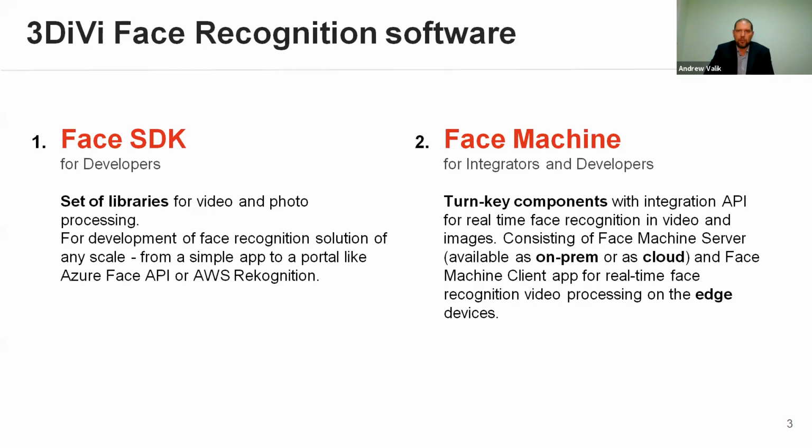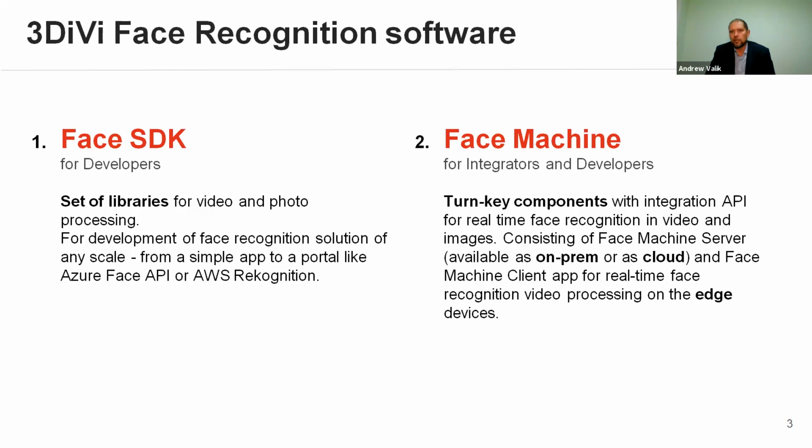The second product is Face Machine. This product is for integrators, and developers, of course, can use it too. It's turnkey components with an integration API for real-time face recognition from video streams and from images, consisting of the Face Machine server.